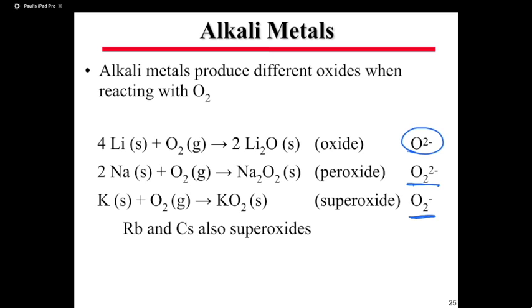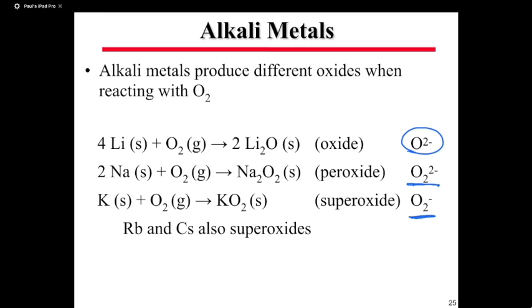All right, what do I need you to know about this? If you predict oxygen will react with something, you assume O2-. Okay? If you're given a name that has peroxide in it, then you use the anion shown. And if you're given the name superoxide, use the anion shown.